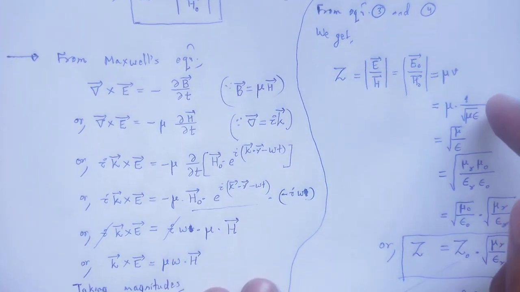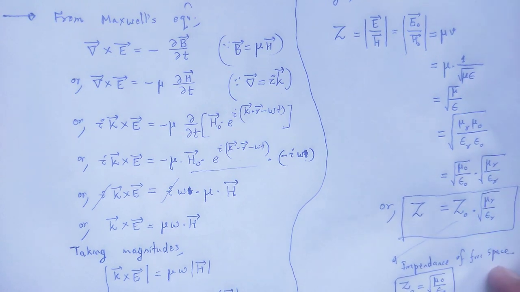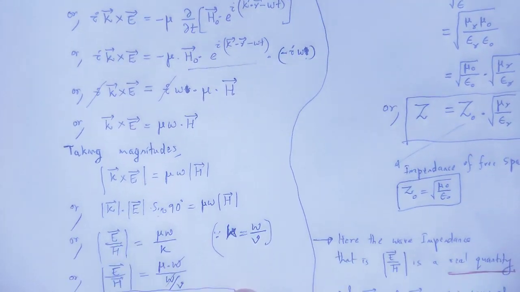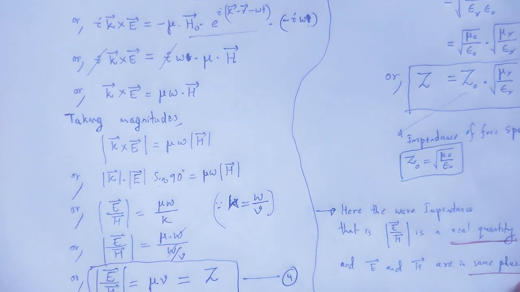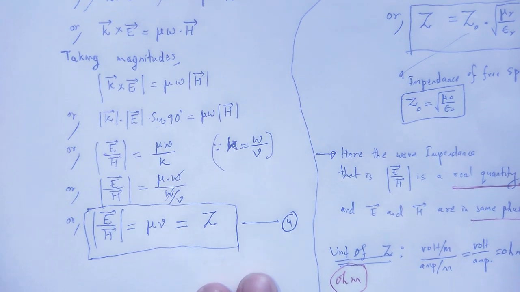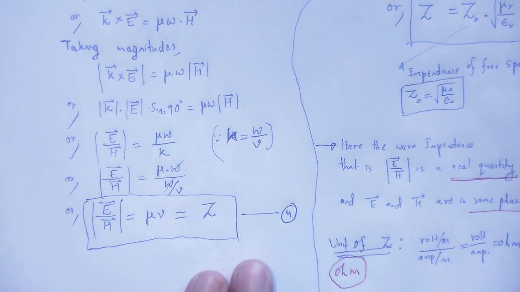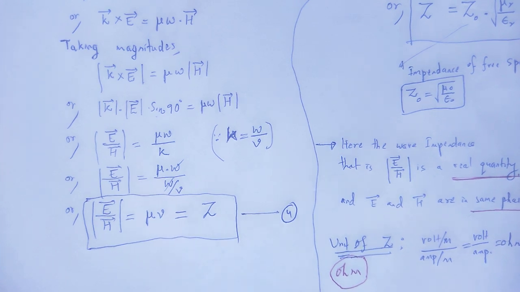This is the relation of wave impedance, impedance of free space. It is a real quantity. These two vectors are in same phase, and unit of wave impedance is ohm. So, with this useful and informative note, let me wind up the session. Thank you.